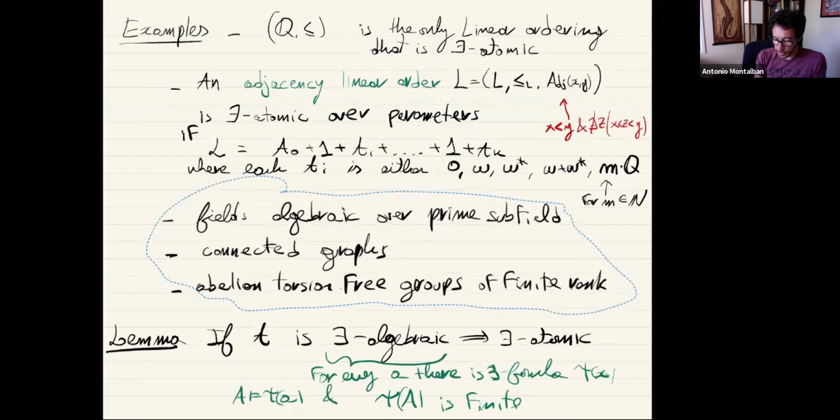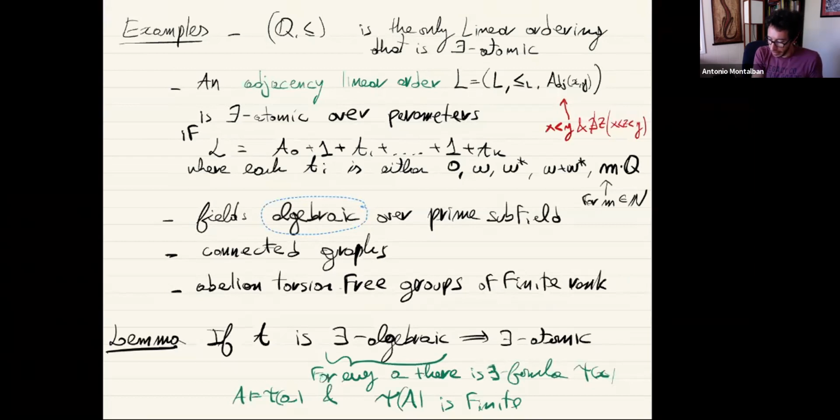So for instance, if a field is algebraic, and that's where the word algebraic comes from, algebraic means every element is a root of a polynomial.